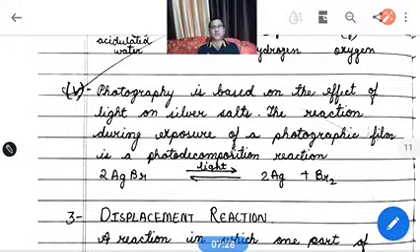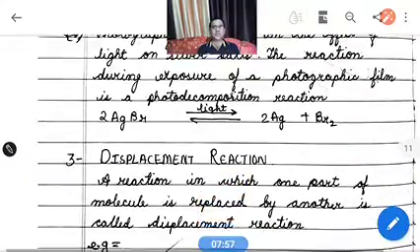Actually, the photographic plate is coated with silver bromide, and when this silver bromide comes in contact with the flash of light, it decomposes into silver and bromine. So this type of example is also called photo decomposition. Decomposition means breaking and photo means in the presence of light. So when in the presence of light any compound breaks, that is called photo decomposition reaction.